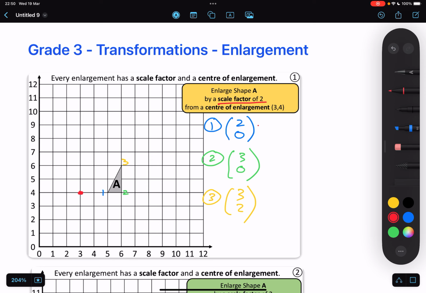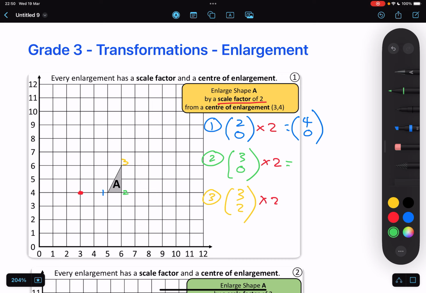So if we do twice the journey, we're just going to multiply our initial journeys by 2. So when we go to do that, what do we then get? So we've got 2, 0, multiply the whole vector by 2, we're going to have 4, 0.